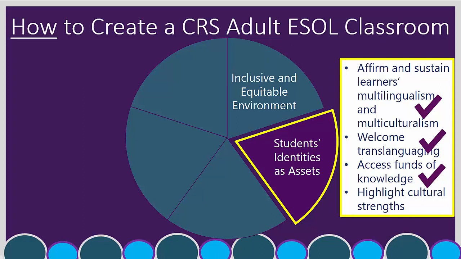Similarly, CRS teachers affirm the value of their learners' multiculturalism and invite them to write or speak from their funds of knowledge and experience. CRS teachers also highlight the positive aspects of their students' cultures. For example, a unit on Black history would include more than the history of slavery and racism and include the history of Black scientific discovery, legal scholarship, and creative invention from countries and cultures around the globe.